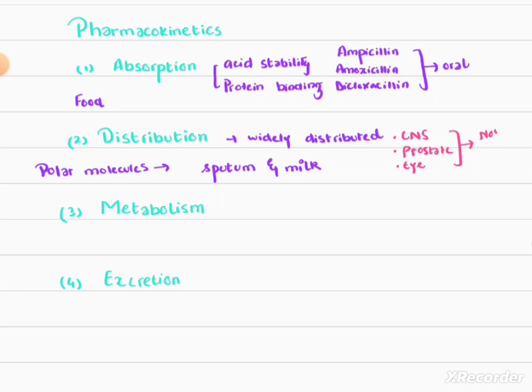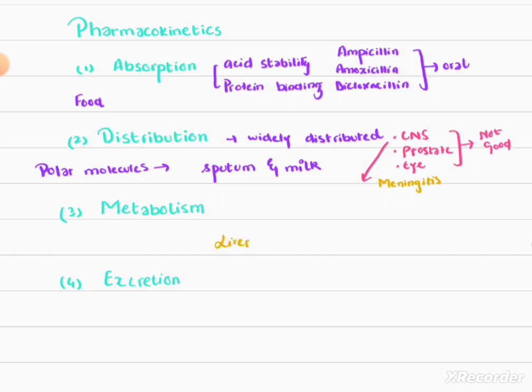However, in the situation of inflammation or meningitis, the concentrations are good as compared to when the meninges are not inflamed. They're metabolized in the body by the liver.